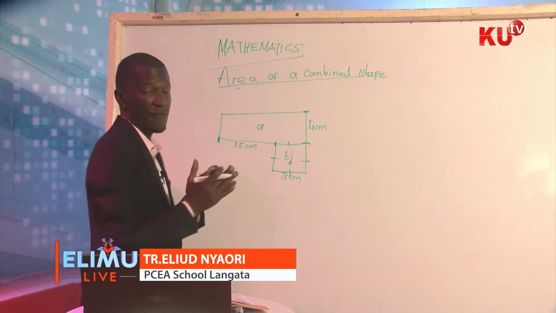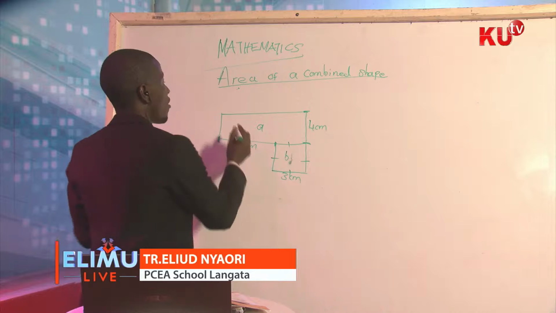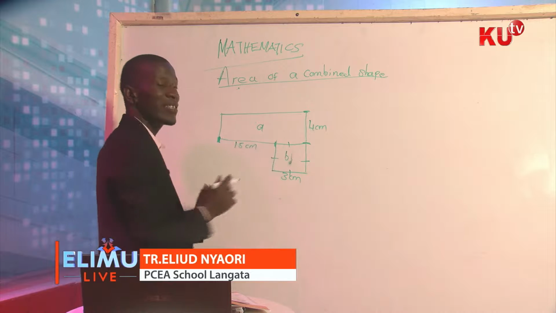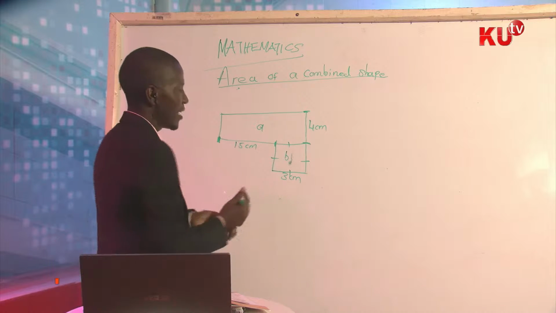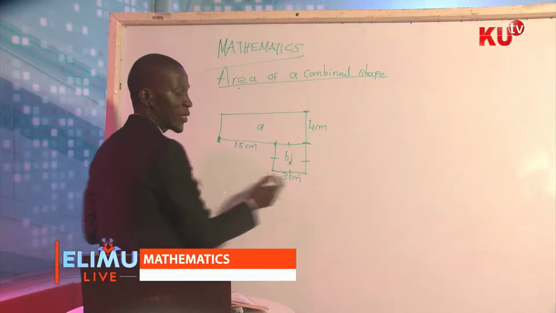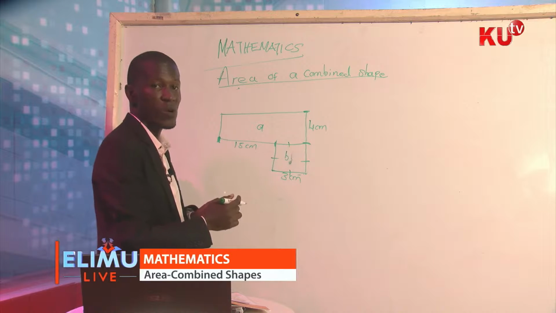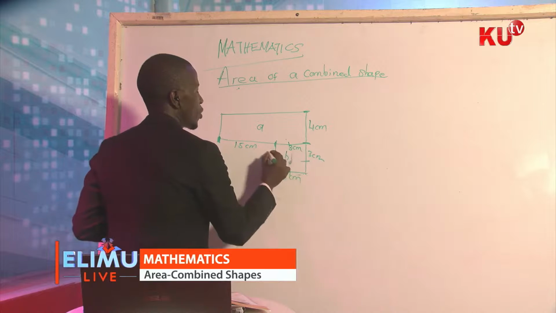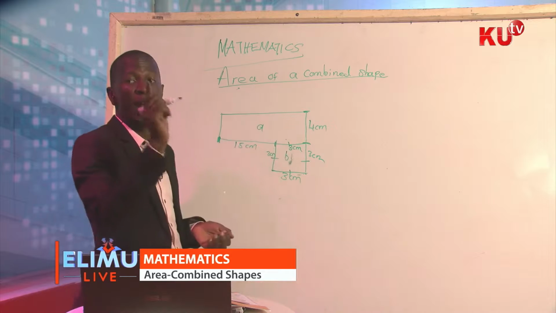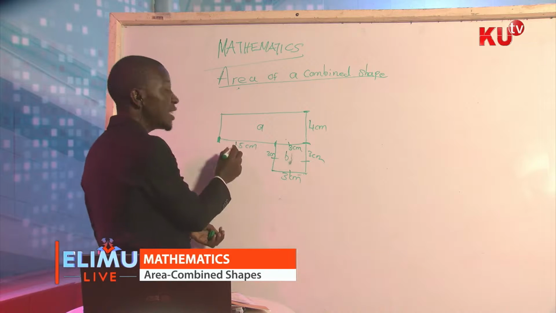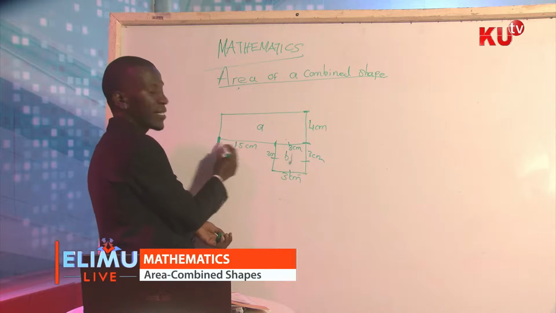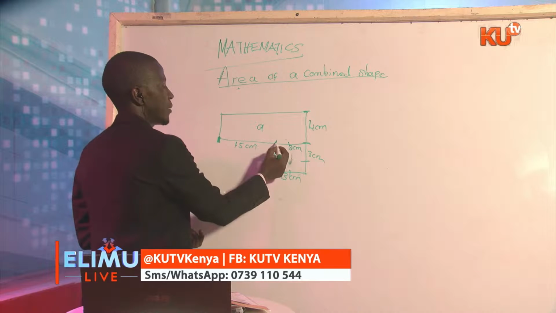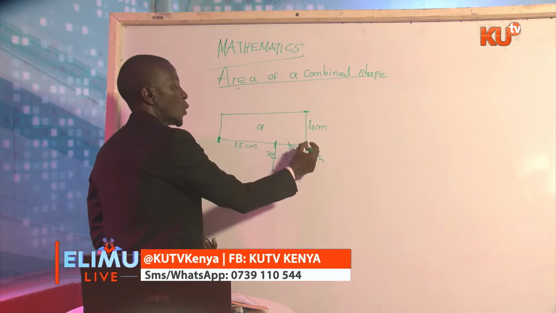From there, ask yourself, what is the length of the rectangle? If from this point to this point is 15 centimeters, then this side is 3 centimeters, which is equal to this side, which is also 3 centimeters. So what is our length? Our length is now equal to 15, from this part to this part, plus 3, from this point to this point.